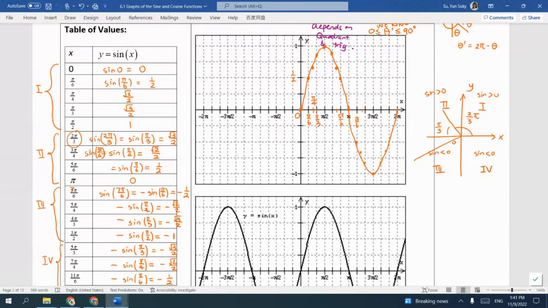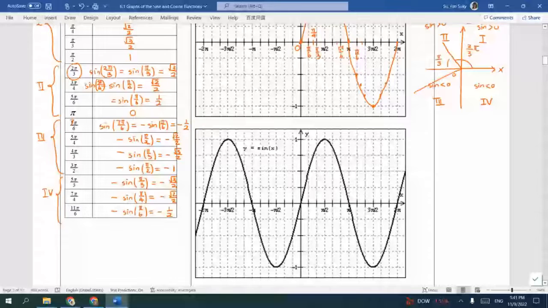So when we extend the x, we get a periodic function. You have the same shape, and you just shift it over here, and then this is a graph of sine x. So far, so good, everybody?